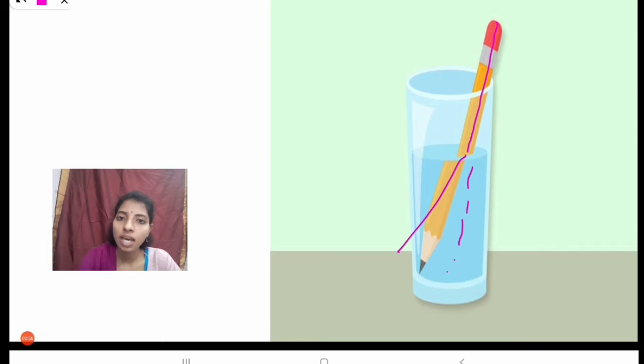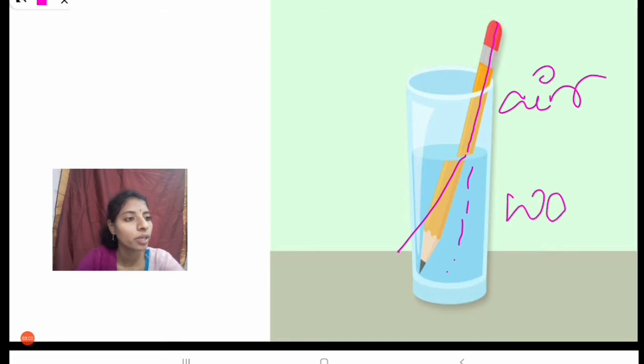Here two mediums take place. One is the air medium and one is the water medium. Okay. So when the light ray enters into the water medium, there the bending of the light takes place. That one we are calling refraction of light.